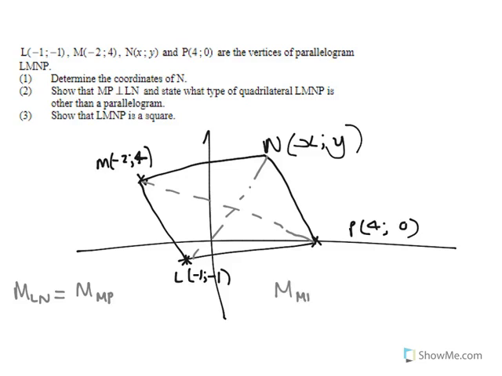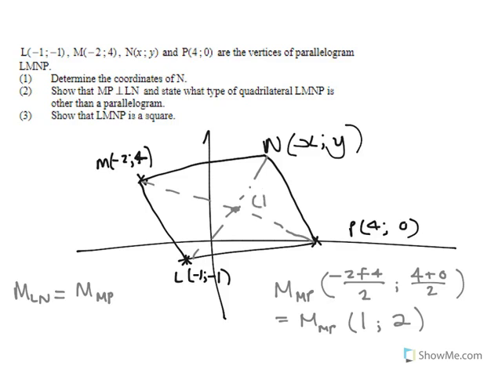And the midpoint of MP is -2 plus 4 over 2, and 4 plus 0 over 2. And so that midpoint is 2 over 2, which is 1, and 4 over 2, which is 2. So we now know that the coordinates of that midpoint are 1 and 2.